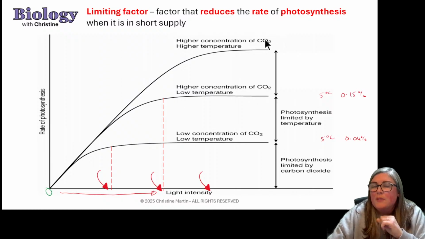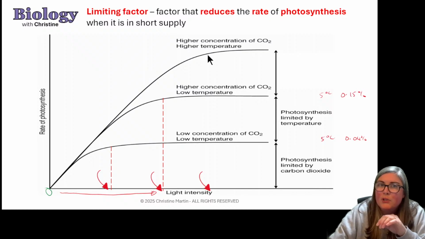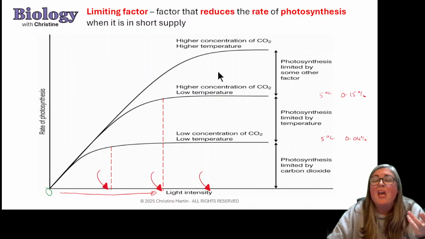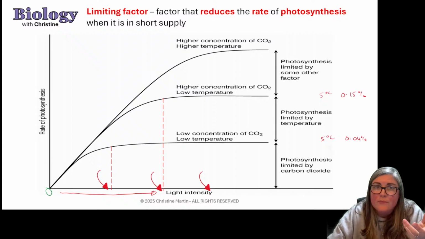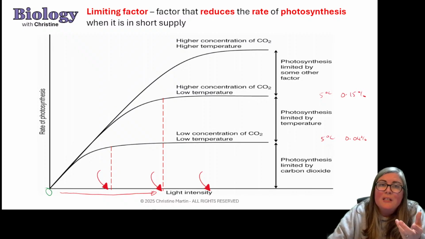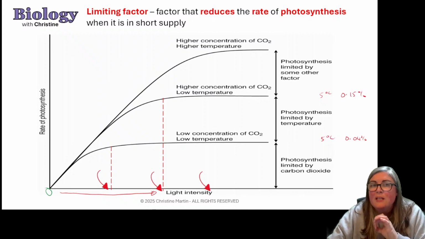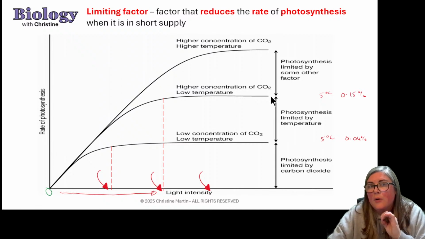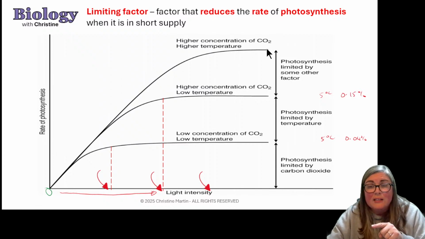And if we go up to this one, if I've got a higher concentration of carbon dioxide, I've got a higher temperature. What is limiting my rate of photosynthesis? It has to be something else. It's not light intensity, because we've plateaued. It's not the carbon dioxide concentration, because we've increased that.